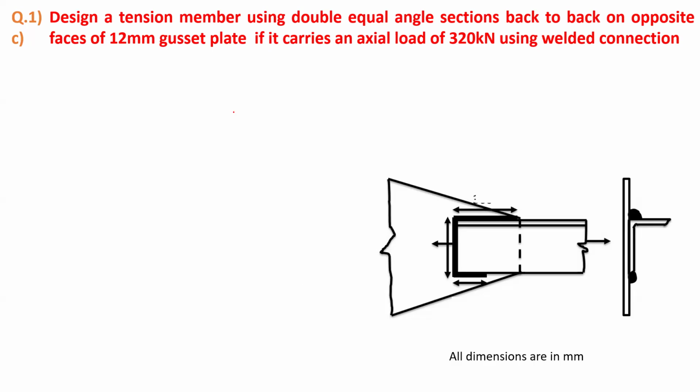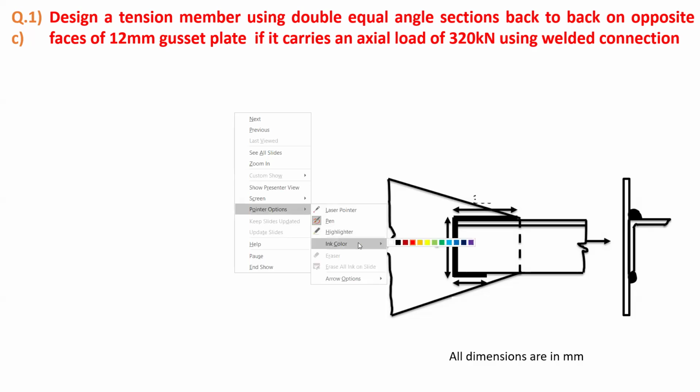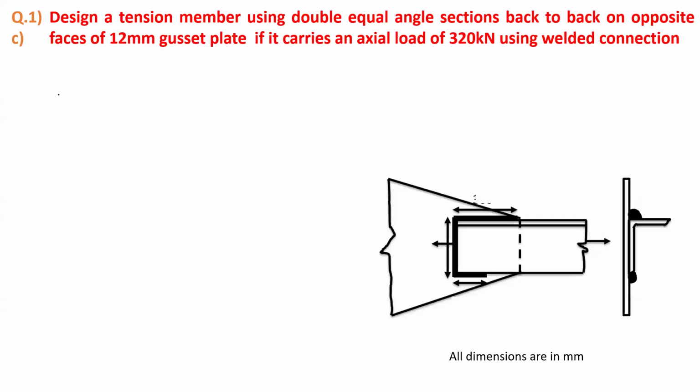So now we will go with A_g required. We have A_g required equal to T_u, the factored load, into gamma_m0 upon F_y. Now the given load is axial load, so we have to multiply it by 1.5: 1.5 into 320 into 10 raised to 3.